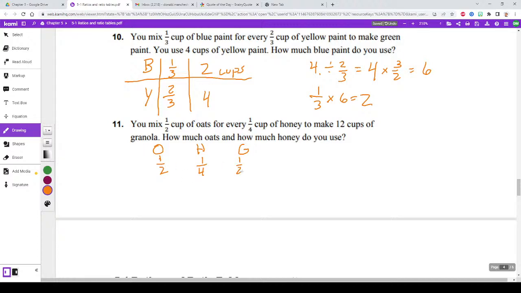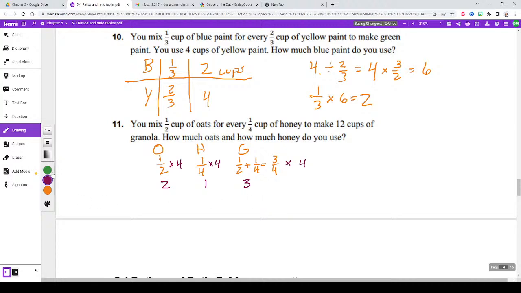So 1/2 plus 1/4 makes 3/4. Then we don't want the denominator anymore because that gets a little confusing. So we're going to multiply each of these by 4. 1/2 times 4 is 2. 1/4 times 4 is 1. 3/4 times 4 is 3.